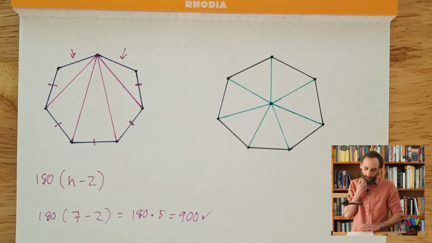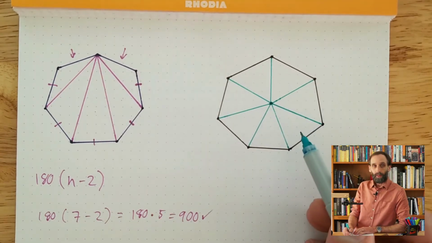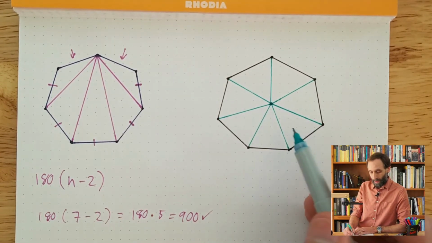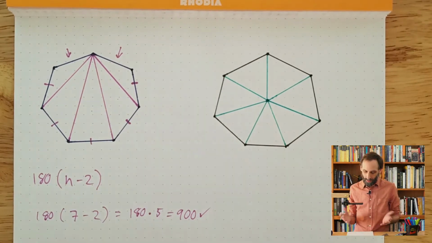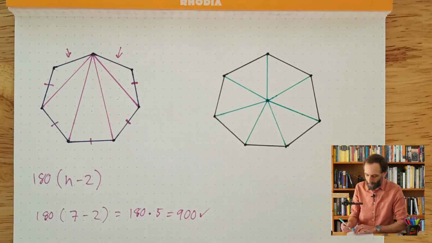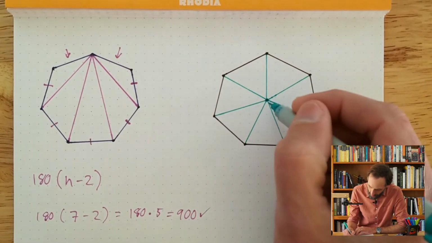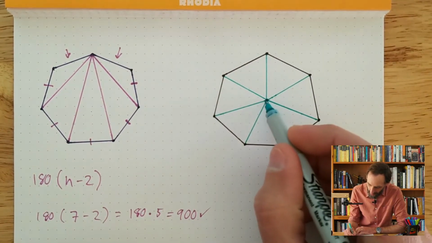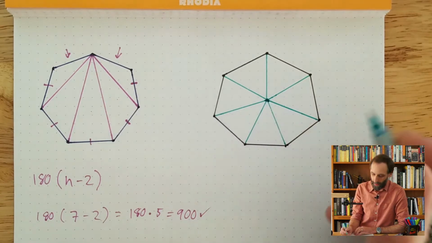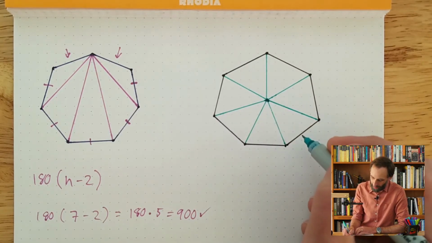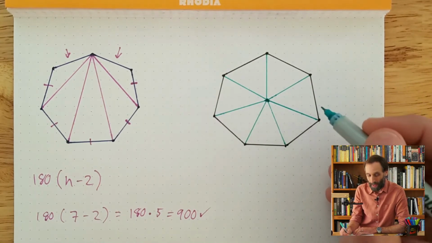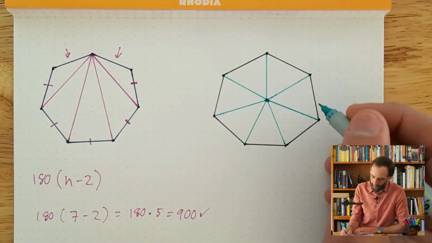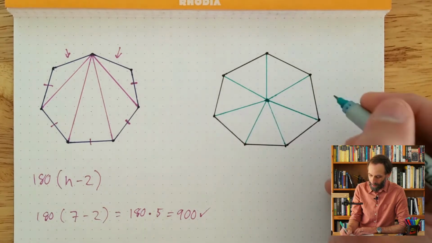Okay, so now we have, again, the polygon sliced up into a number of different triangles, right? And how many triangles are there? Well, each triangle has this interior point as a vertex and has a different side of the original polygon as an opposite side from this vertex.